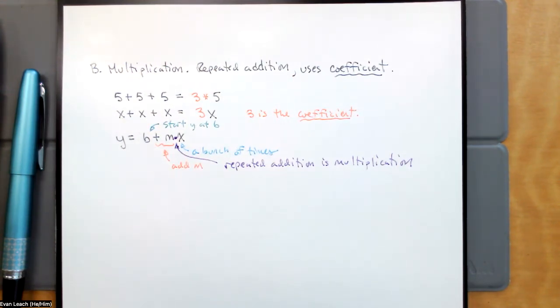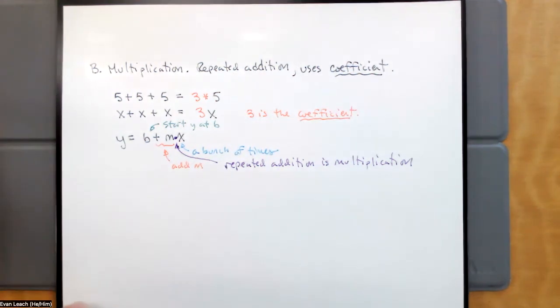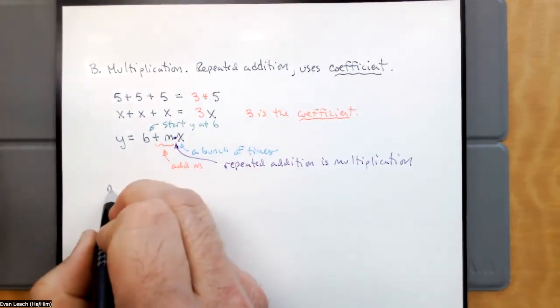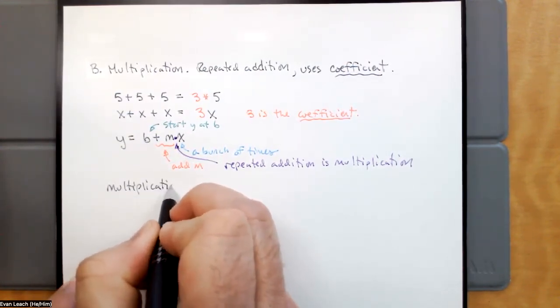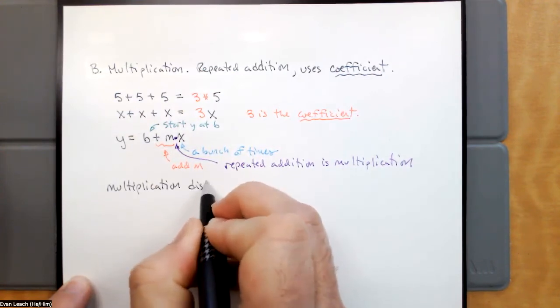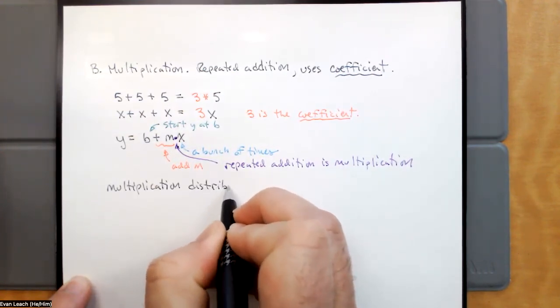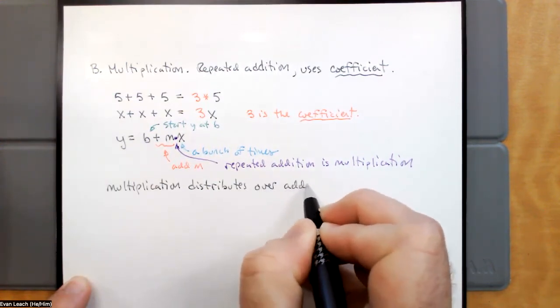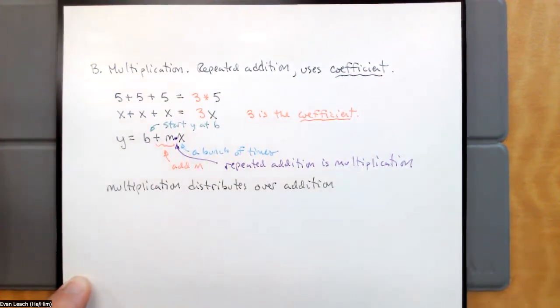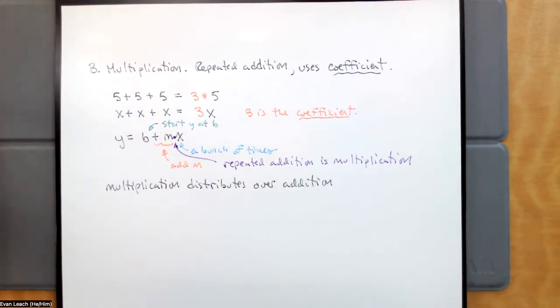The other thing about multiplication we need to know is how it interacts with the other operations. Multiplication distributes over addition. This is how we're thinking about things.